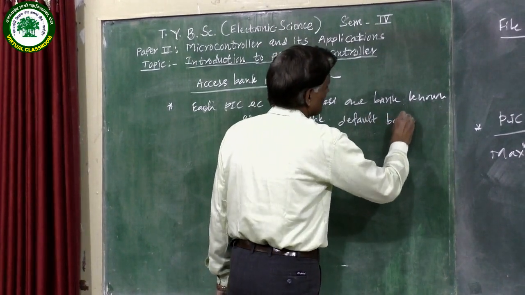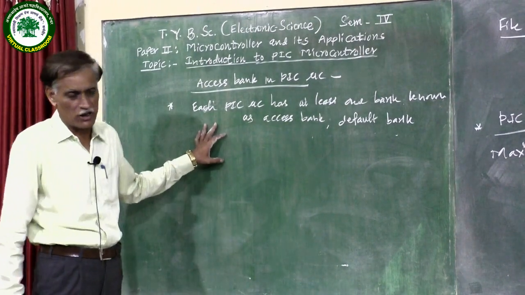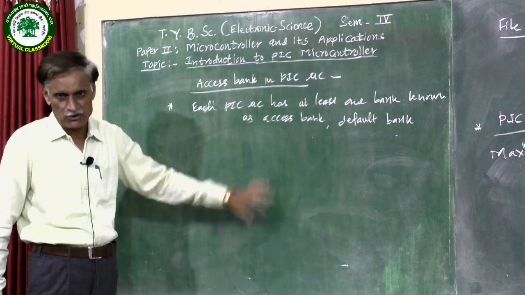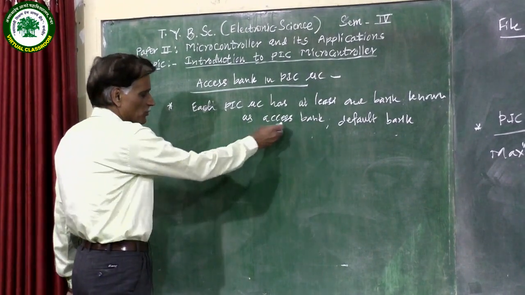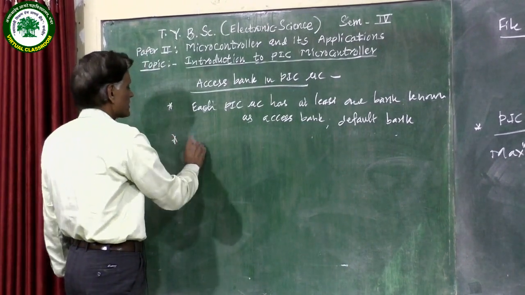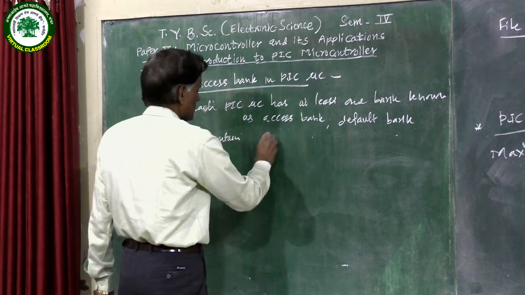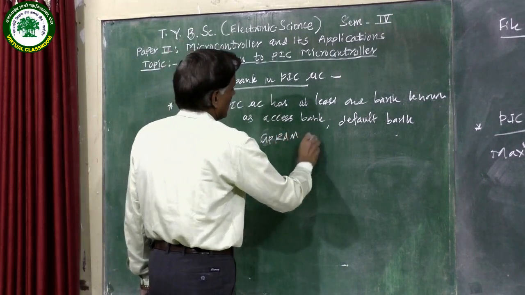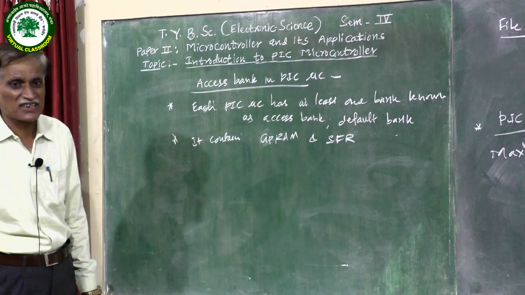Default bank. What is the meaning of that? Whenever the PIC microcontroller is powered on, automatically the access bank will be selected. Now each access bank contains GP RAM and SFR.